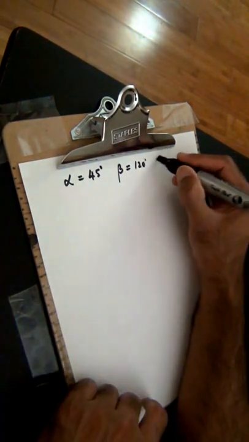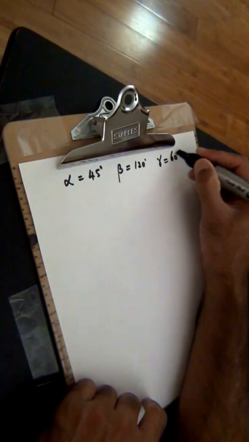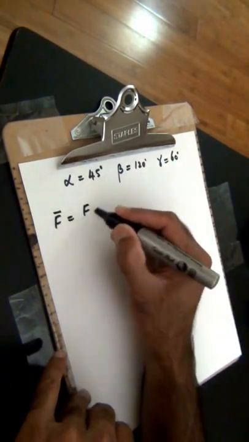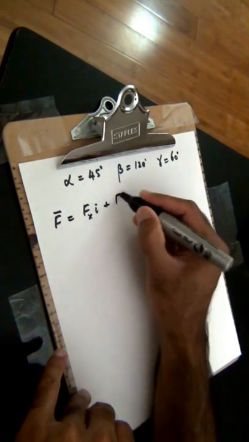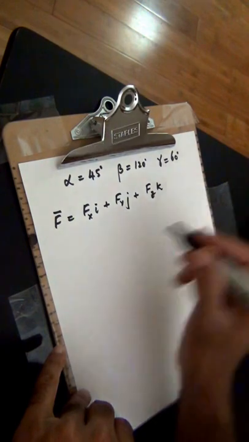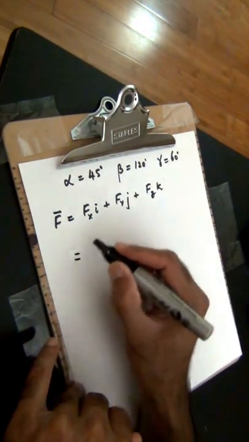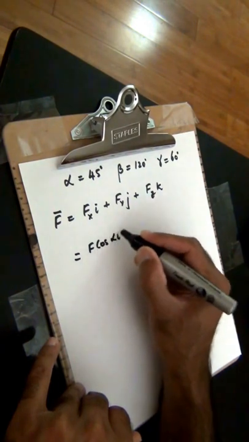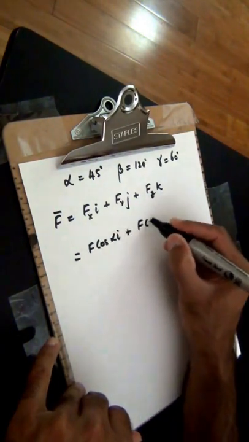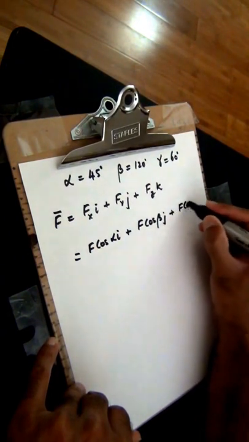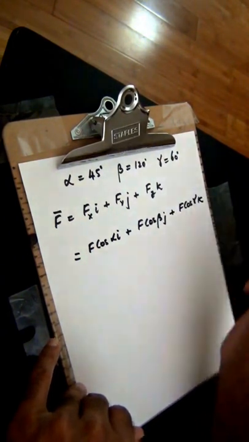120 degrees, and then gamma is 60 degrees, and then we know that the vector F can be written as Fx i, Fy j, and Fz k, and this is essentially now going to be F times cosine alpha i, F times cosine beta j, F times cosine gamma k.